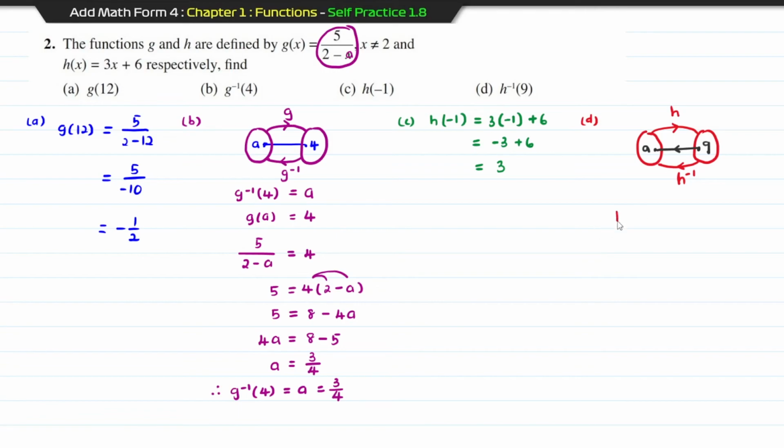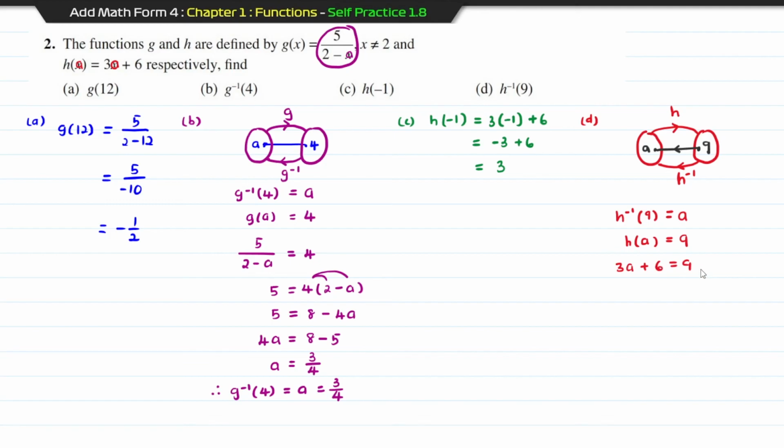The inverse of h with number 9 here will give you the answer of a. When we do it the other way around, the function h with a as your input will give you the answer of 9. Now we know that the function h is 3x plus 6, right? If your input is a, we're going to replace the x here with a. Therefore h of a is also equal to 3a plus 6 equal to 9.